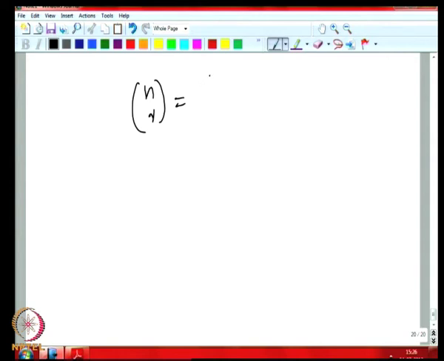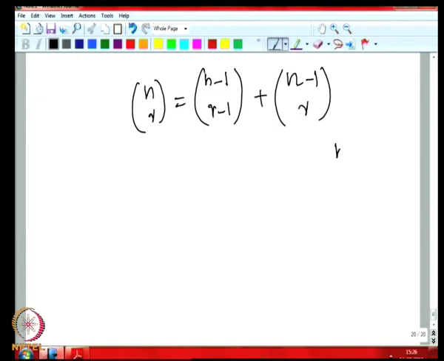Same argument, if you remember. You can select one object, and then that will make the selection like this. Or you can decide not to take it at all. So, that means you have to select r objects from n minus 1 objects. This is the recurrence relation.